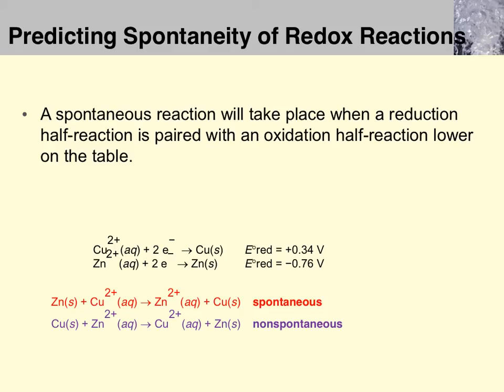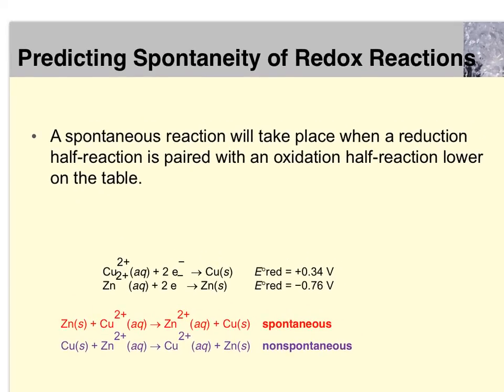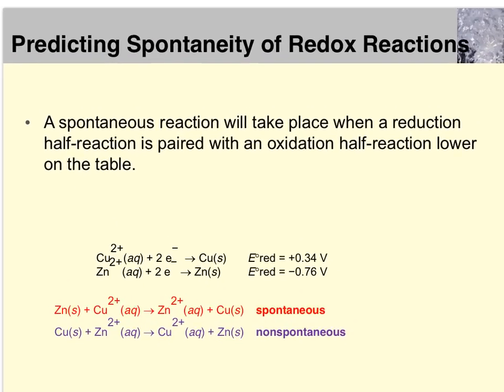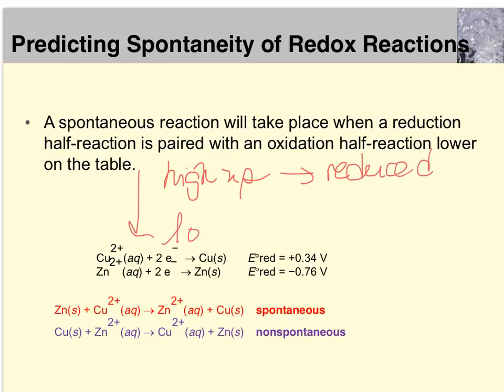So what is the takeaway about what to get out of that standard reduction table? Substances that are high up on the standard reduction table want to be reduced. As you go down the table towards the bottom, those materials want to be oxidized.